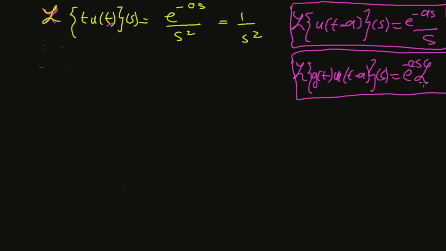However, here it is the Laplace transform of g of t plus a, so you have g and you put in t plus a, and of course on s, and you will look for the Laplace transform of that.